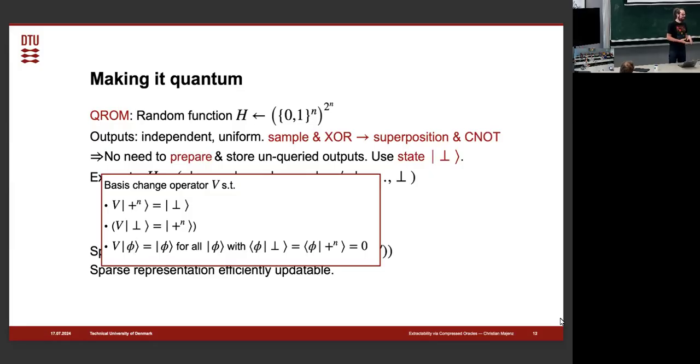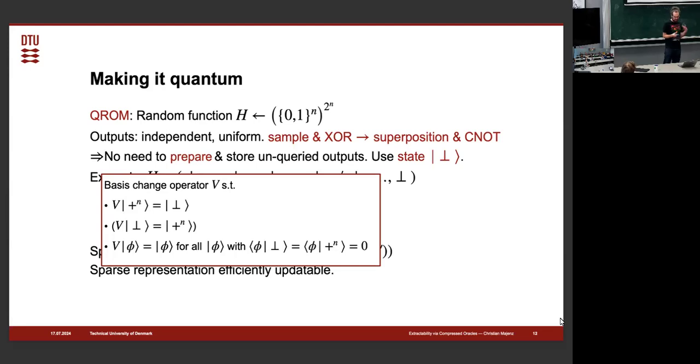And now, instead, we make everything quantum. In particular, we make the dummy state, which means unsampled, or in this case, unprepared, quantum as well. Before, instead of sampling it, we put this bottom symbol there.